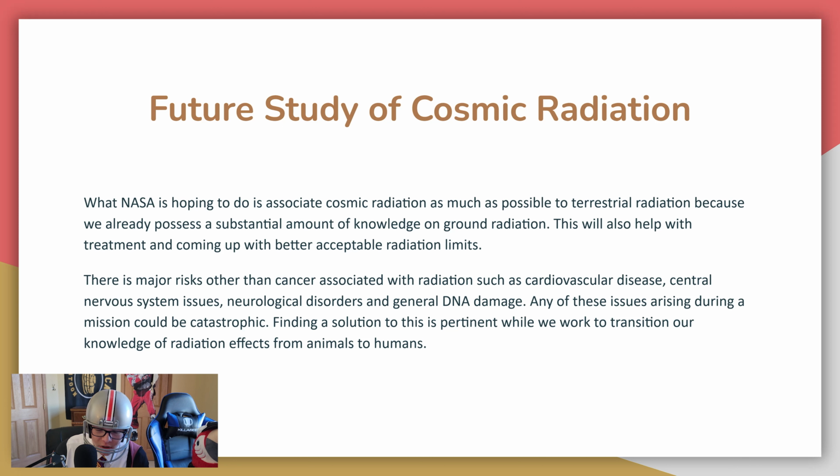Any of these issues arising during a mission could lead to catastrophic consequences, and finding a solution is very important. As we expand and go more into space, it'll be very important to understand the human limit and how to keep ourselves safe from radiation effects.